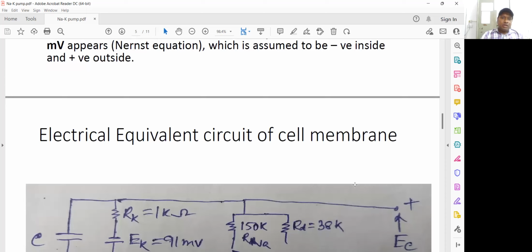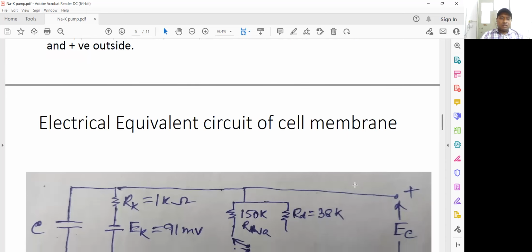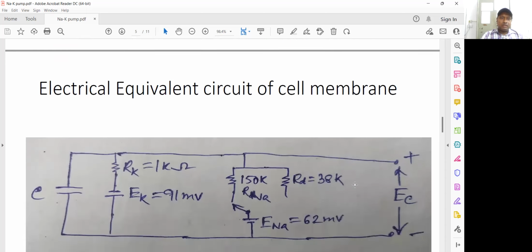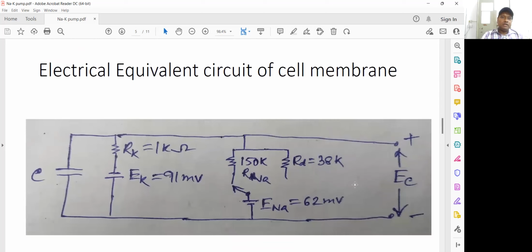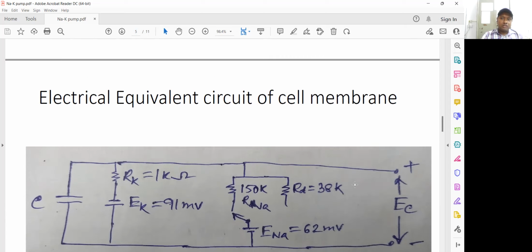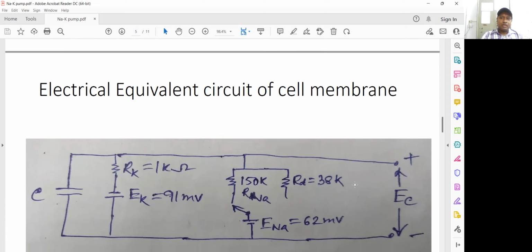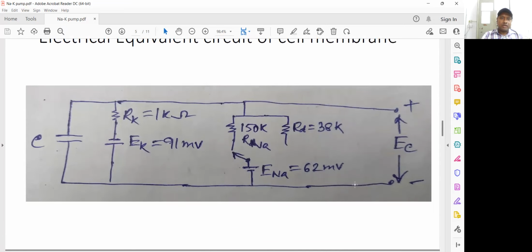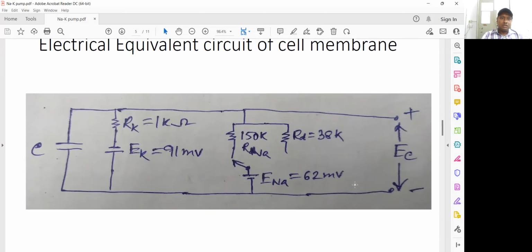Now we have tried to electrically make the equivalent circuit of the cell membrane, which is semi-permeable in nature. So this is the circuit, the electrical equivalent of the cell membrane. In this circuit I have shown a capacitor.